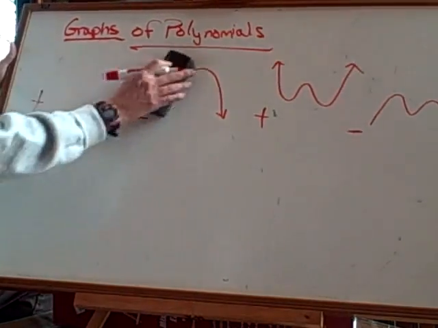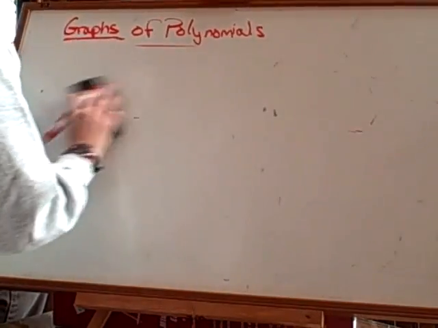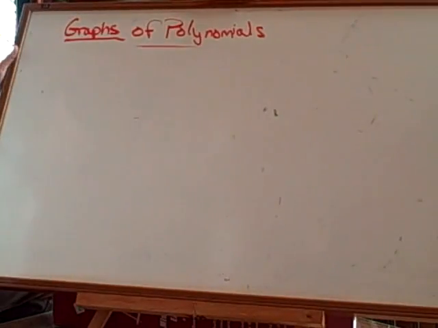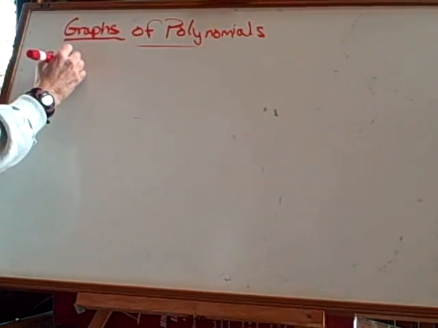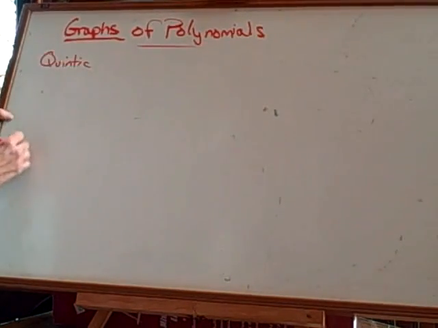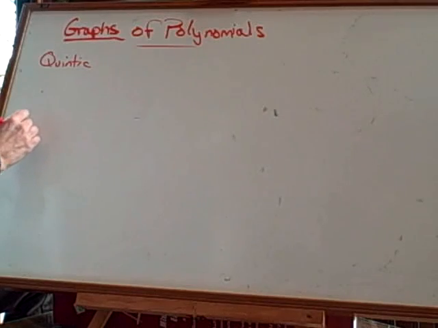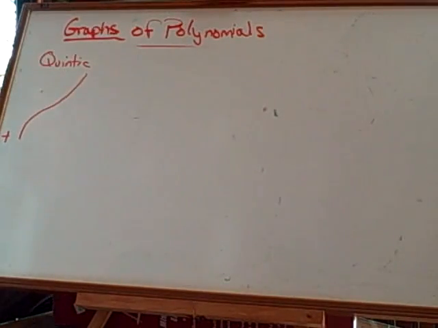And for quintic, that's going to be your 5th degrees. All right, now there's a couple different things. Well, it said there's 6 types of quintic. Sorry, there's 3 different positives, 3 different negatives that we're going for. So on a quintic, if the leading coefficient is positive on that first one, it can look a little like that.